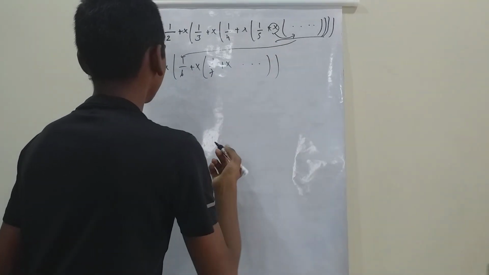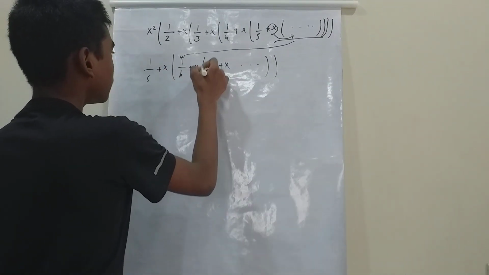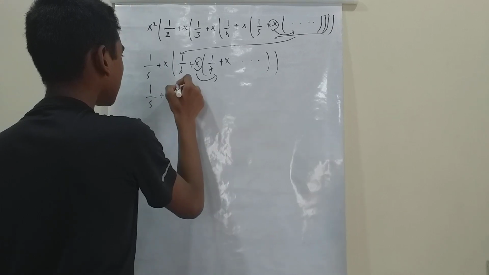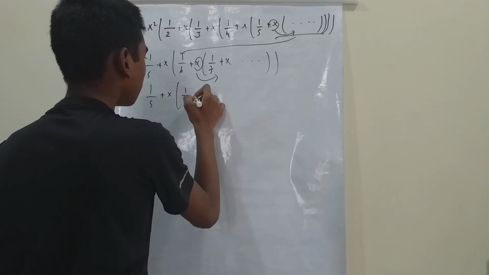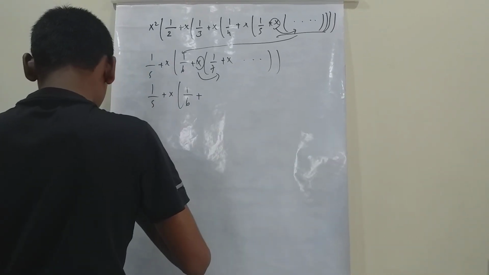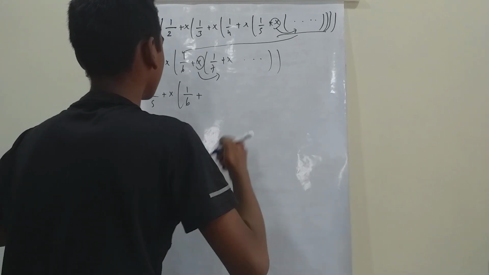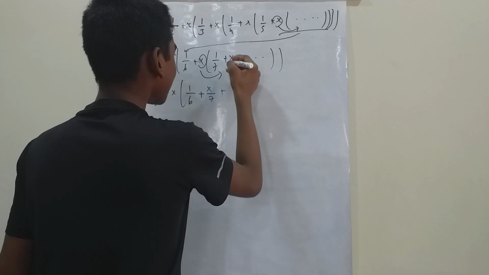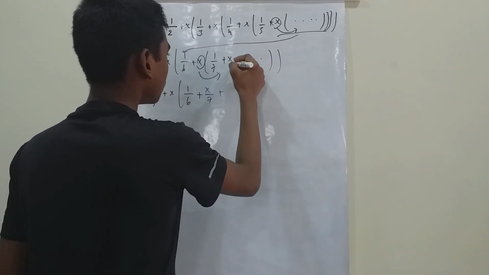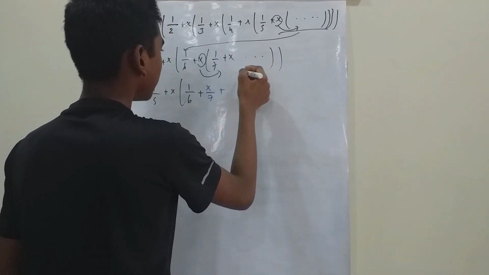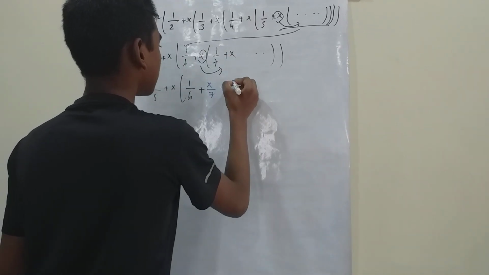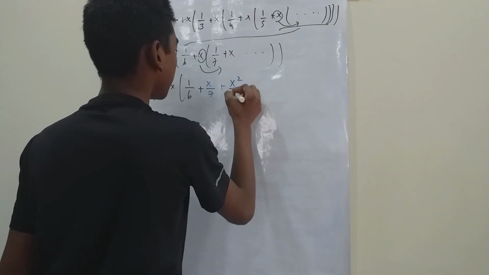So when I multiply this x over here, I get 1/5 plus x times 1/6 plus, the next is going to be x over 7 plus, then when I multiply this with the other one, it's going to be x over 8. So when I multiply with this x, I get x squared divided by 8.